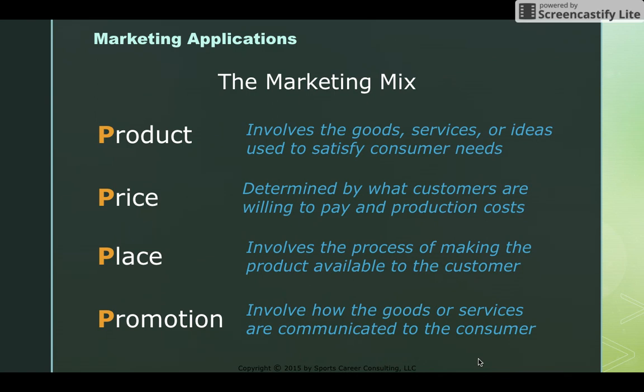So this involves the process of making the product available to the consumer. Marketers need to identify where consumers shop in order to make that decision, and careful consideration is given to determining the distribution channels that will offer the best opportunity to maximize sales.